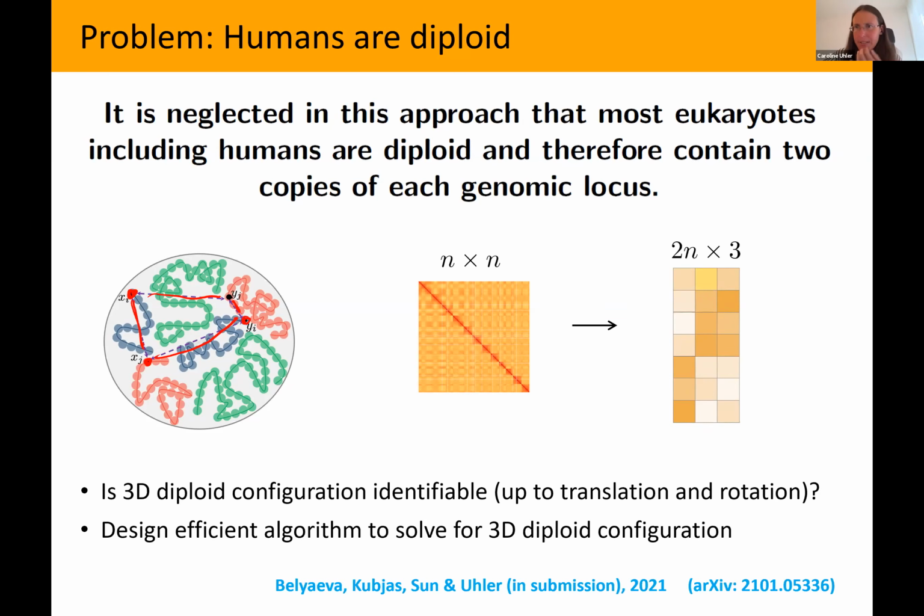So the question is, can you still identify the whole packing like what you can in the standard Euclidean distance problem? First of all, is it identifiable? It suggests, from just counting constraints, you have n choose 2 constraints, you have 2n times 3 variables. Seems like it might be identifiable. And if it is identifiable, then it would be great to have an algorithm that can actually output this packing. So that's what I'm going to talk about in the first part of the talk.